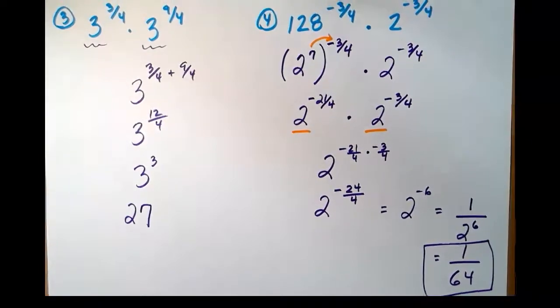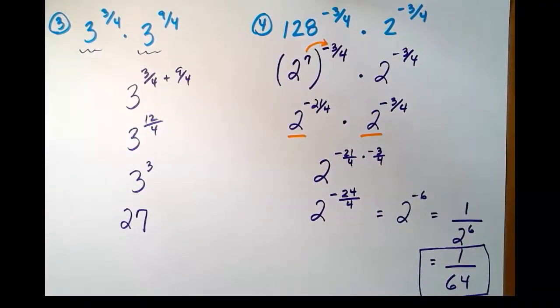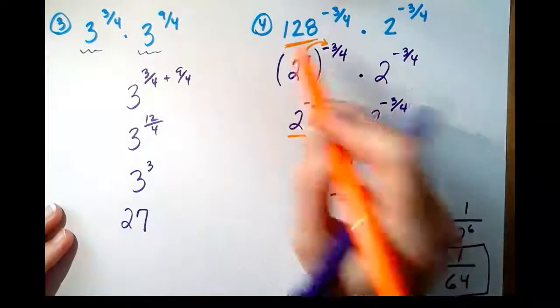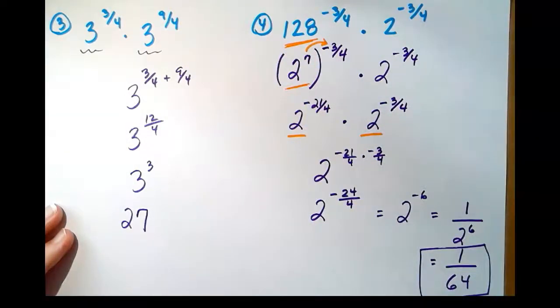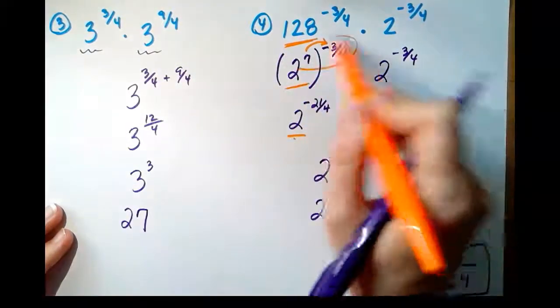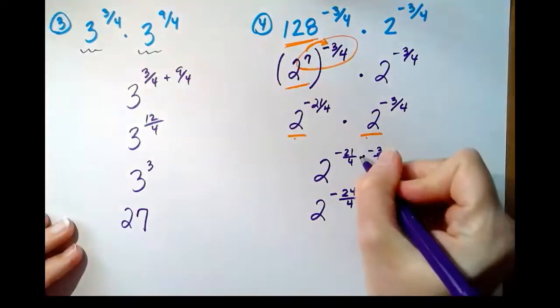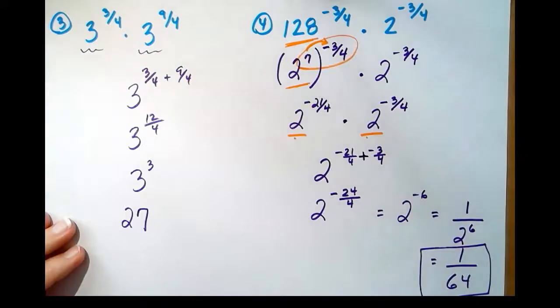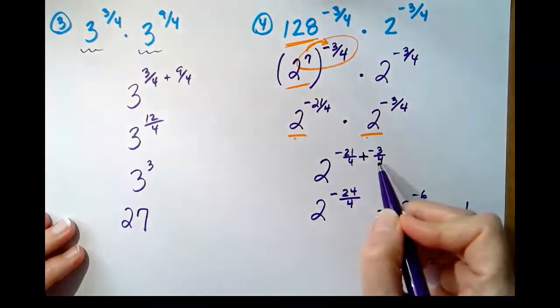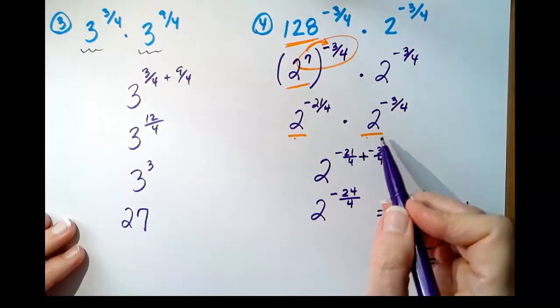So here's one more look at that whole problem. Look at what we did. We replaced 128 with 2 to the 7th. We got like bases after we used that power rule, and then we added those exponents together. Let me correct that sign right there. We added those exponents together because the bases were the same.